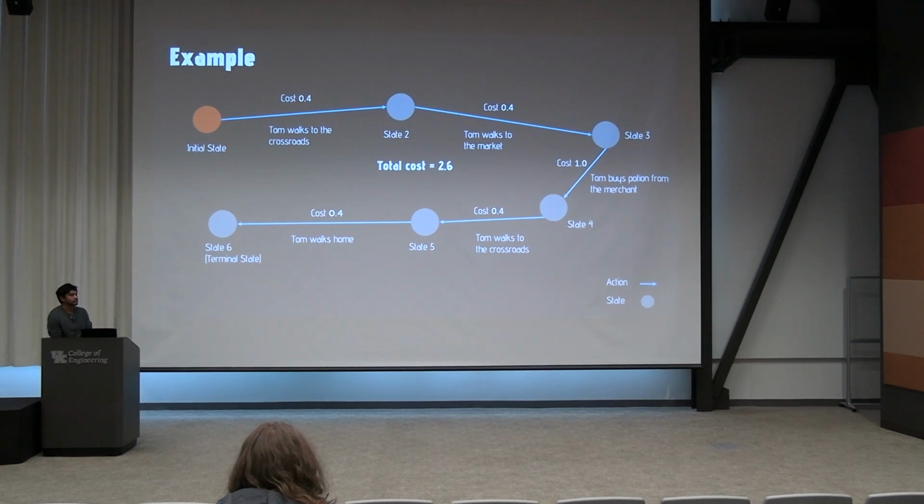Restricted means I have several conditions that need to be met. Otherwise, if I don't have this condition, I can skip the step of buying something from the merchant. Or if we don't define it as a minimum path problem, then I can let Tom walk to the crossroad, then walk back to the market, then walk back to the crossroad, then walk home. Add the two extra steps, and it is still a solution to the problem. So maybe that's my attempt to explain what you are trying to achieve.